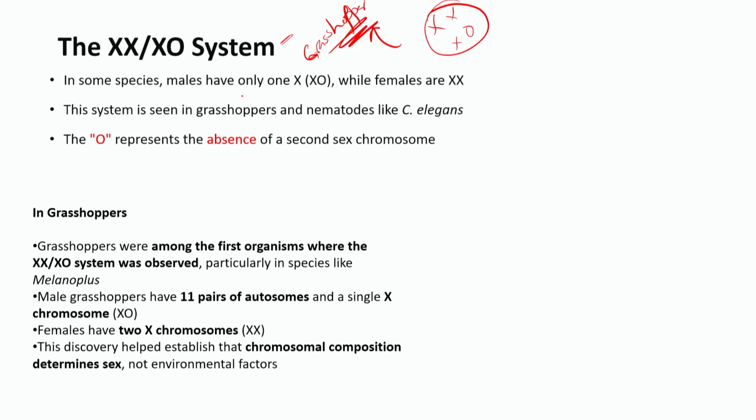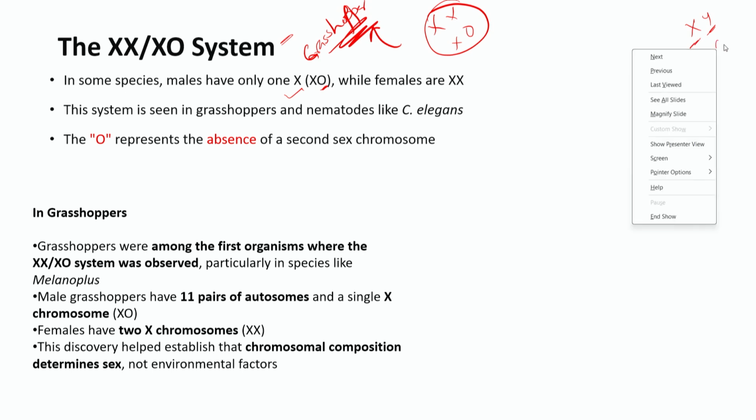So, in some species, males have only one X chromosome. So, what is O representing? Absence. No chromosome is present, that is what O is. Earlier we saw X and Y, both are chromosomes, but in X and O, O is no chromosome, it is just X. Just for simplicity and to avoid any confusion, the symbol O is placed here.